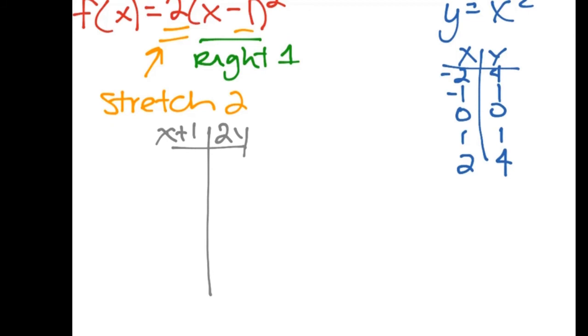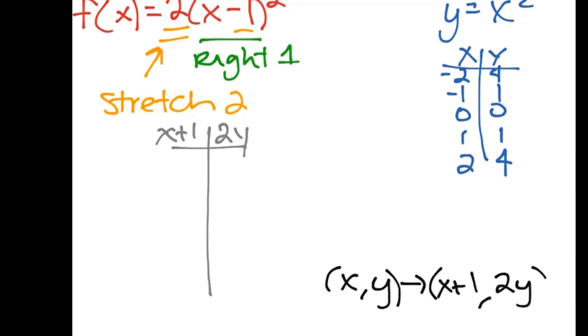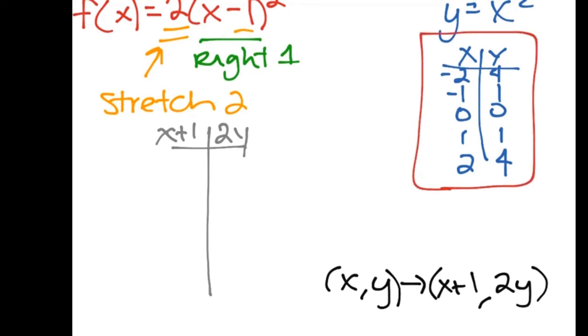If I were to write a rule, my rule would be x, comma y, is transformed by using x plus 1, comma 2 times y. That's my rule. So if I take all of the original numbers from my table and I plug it into my x plus 1 and 2 times y, I'll get my new table.